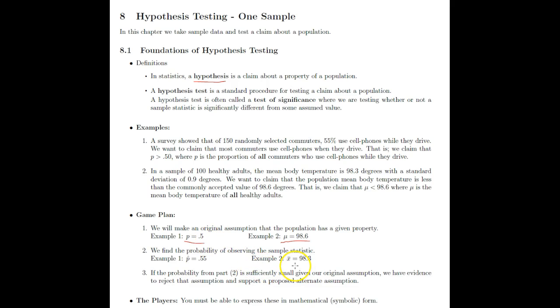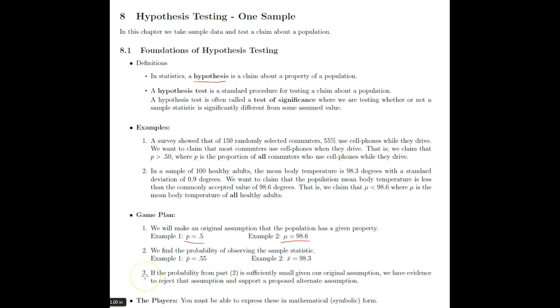In example 2, we're going to find the probability of getting a sample mean of 98.3 if the true population mean really was 98.6. And we know it's possible because these are just samples and there's some variability in samples, but we want to find the probability of that. If there was a decent chance that you could get this by random chance, we're probably going to say, well, we can't quite disprove this 98.6. But if it was highly unlikely to get this value, then maybe we can say we have some evidence to disprove this original assumption.